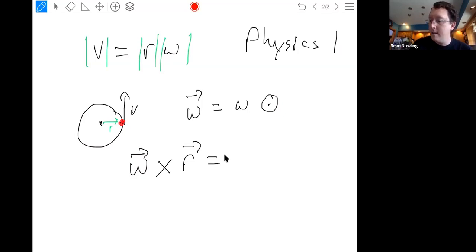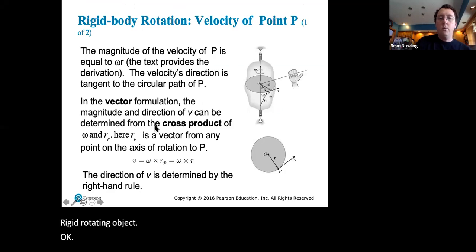So this is the velocity of a point on the rigid rotating object. So that's the origin of that formula.